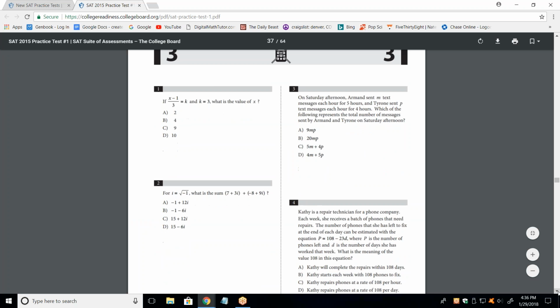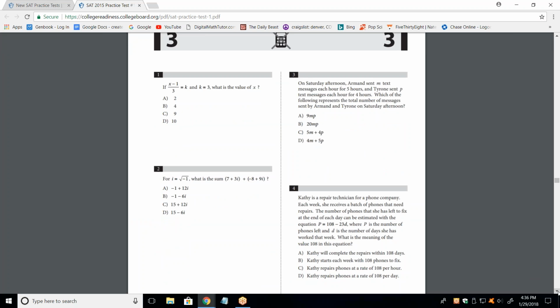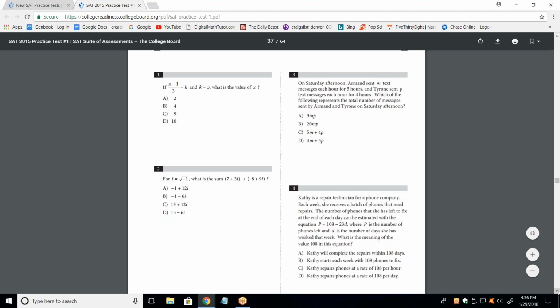All right, now, one thing about the math that's different than every other section on the SAT is that it goes from easy to medium to hard. So, one of the most important rules in taking this test, other than never leave a question blank, is do the easy problems first.